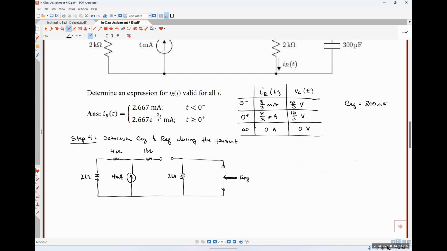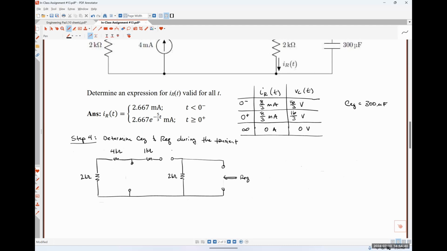If I remember, it was a short circuit. So we turn off voltage sources by replacing them with short circuits, because 0 volts is the voltage drop across the short circuit. We turn off current sources by replacing them with an open circuit, because the current flowing through an open circuit is 0 amps.